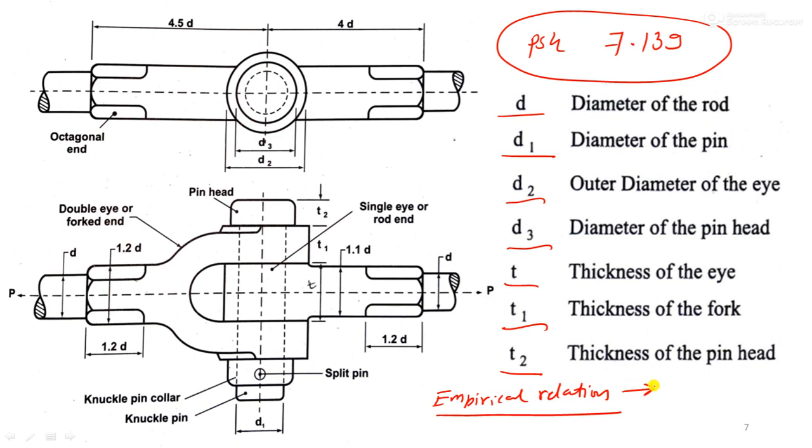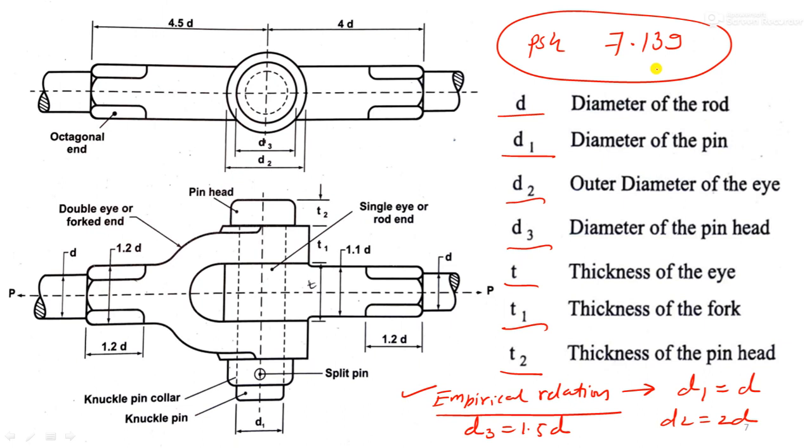We'll directly use the empirical relation. For example, we can use D1 is equal to D, or we can use D2 is equal to 2D, or we can use D3 is equal to 1.5D. These are nothing but the empirical relations based on some past user experience, design experience. So these empirical relations are also provided on page 7.139. I hope it is clear to all of you.